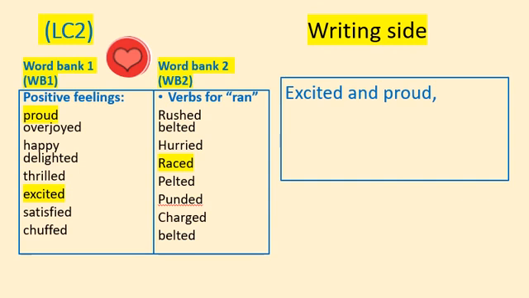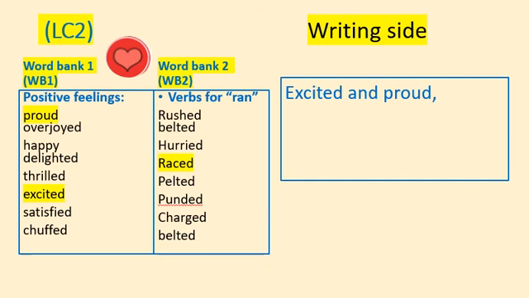So now I've put up a slide and I've got my positive feelings there: proud, overjoyed, happy, delighted, thrilled, excited, satisfied and chuffed. And my verbs for ran: rushed, belted, hurried, raced, charged, belted, pounded. Now here I'm going to start my sentences by saying how I was feeling.